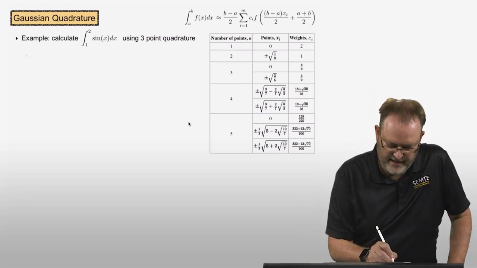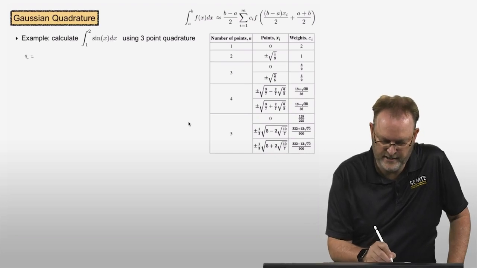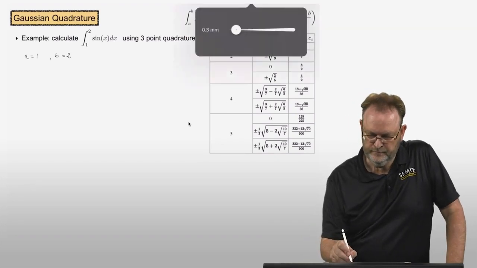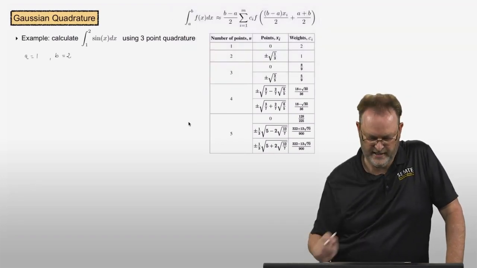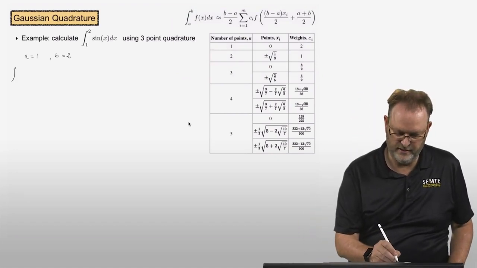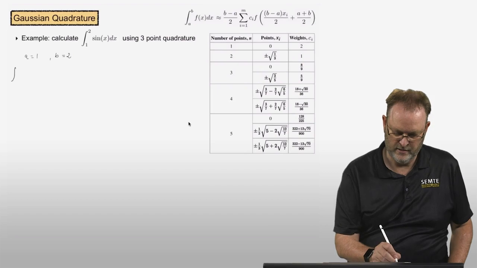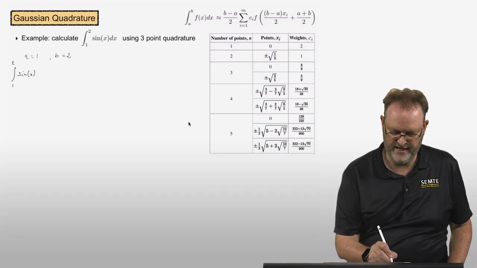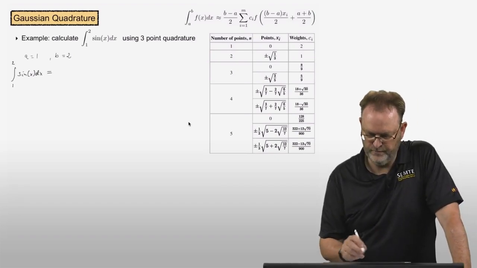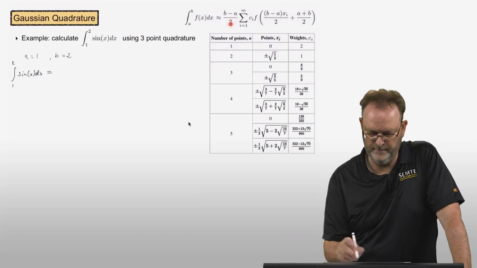So let's start with identifying what a is. Well, a is 1 and b is 2. Okay, and let's write then the integral from 1 to 2 of the sine of x dx is equal to, so here is the formula.